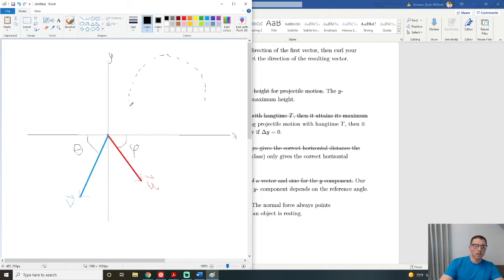But now if we think about a different case, where maybe it starts at some height and it has the same initial velocity, but it lands lower than where it started. We should be able to see from this that there's no way the y component of the final velocity can have the same magnitude as the initial y component, because there's more time here for the gravitational acceleration to act on our projectile, right?